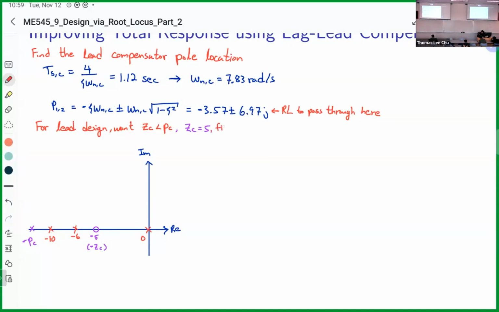We want to find PC using the angle criterion.